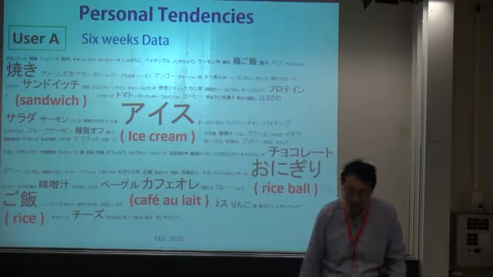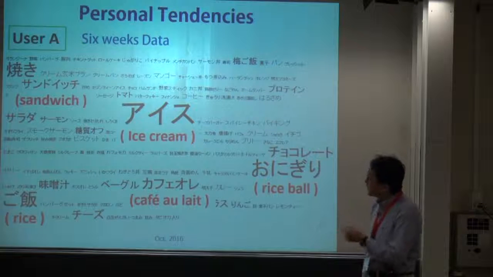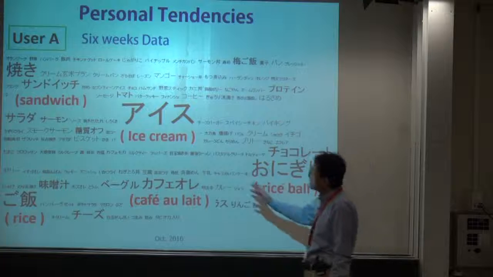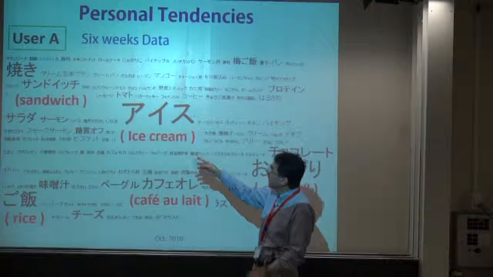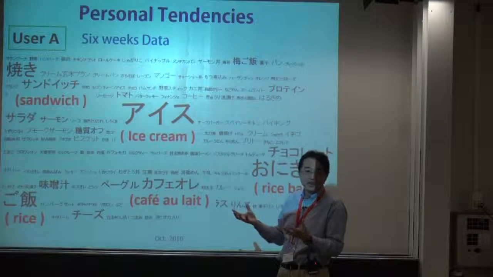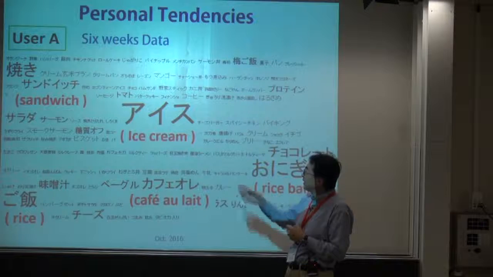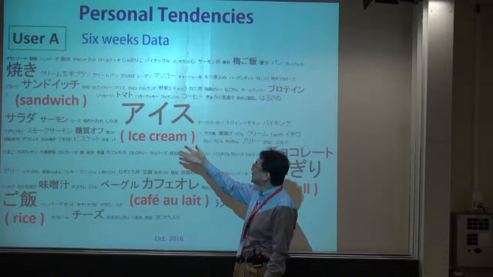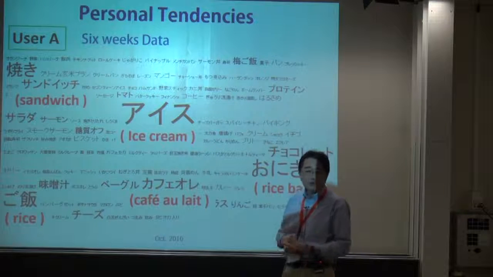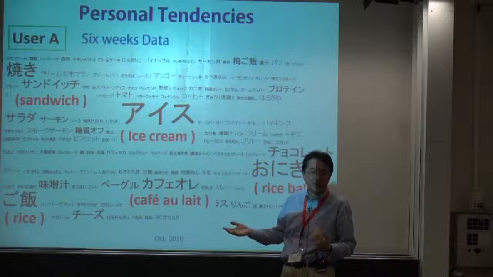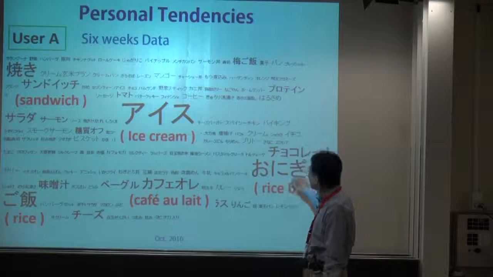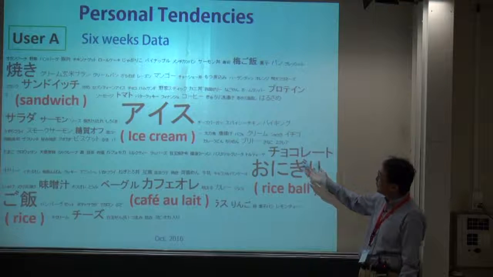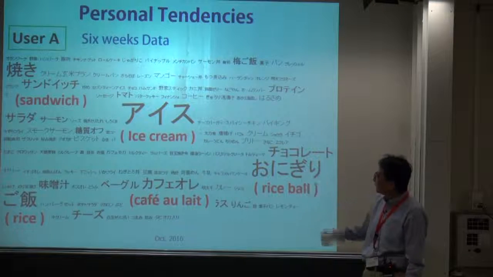This is one of the 6 weeks of data of user A. In this case, this user has very different tendencies. This person has eaten ice cream almost every meal, and then another one, what else, rice ball or rice or sandwich.